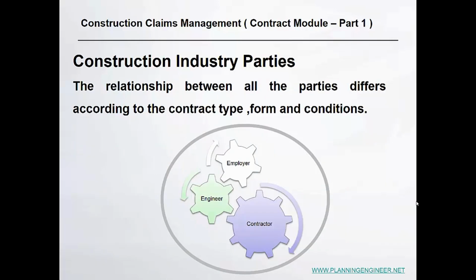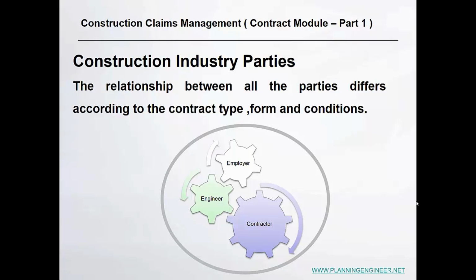The relationship between these parties cannot be defined because it varies from one project to another. However, there is a level of power you should take into your consideration: the client or the employer is the first priority, he has the most power on the project.